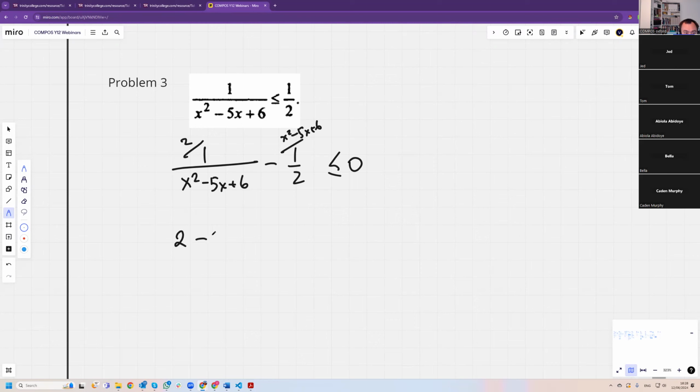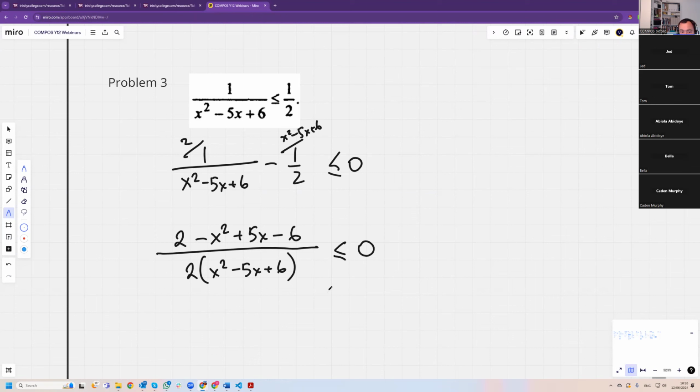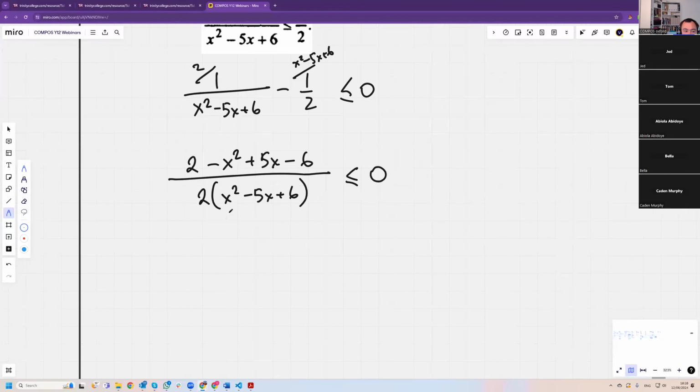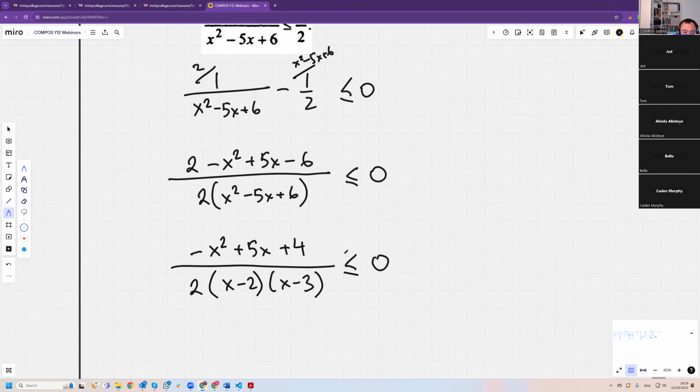There's going to be 2 minus x squared plus 5x minus 6, divided by 2 times x squared minus 5x plus 6, less than or equal to 0. So I found a common denominator and written it as a single fraction. Now all I need is to simplify it. So it's going to be minus x squared plus 5x plus 4. I can factorize that: x minus 2, x minus 3, less than or equal to 0.